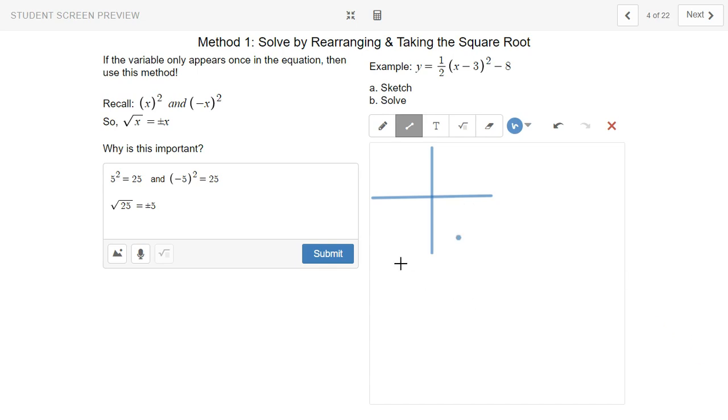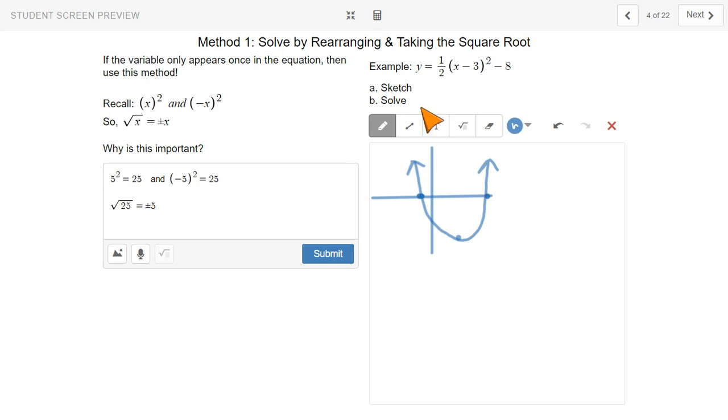So perhaps somewhere around there. Since it opens up, I would have a parabola that perhaps looks something like this. And we see that there are 2 x-intercepts. So we're not only looking for one answer, but we need to have 2 answers when it comes to finding the roots.